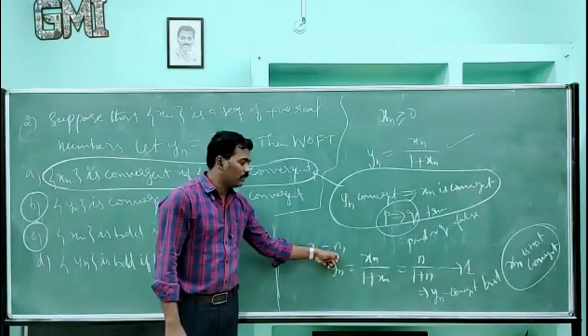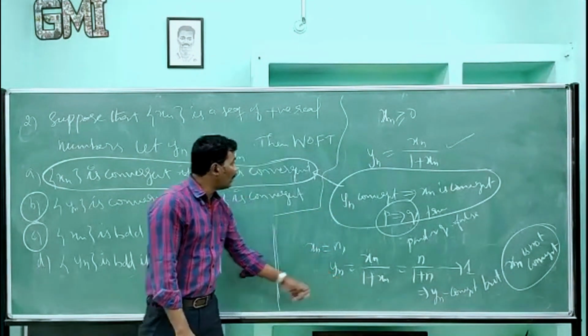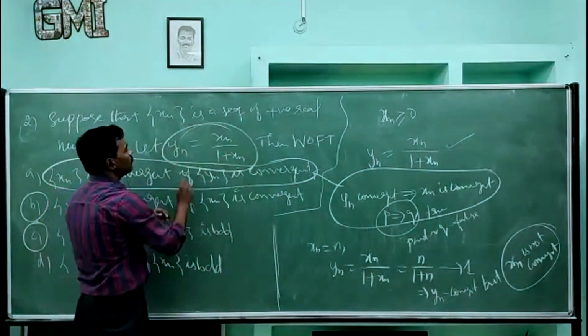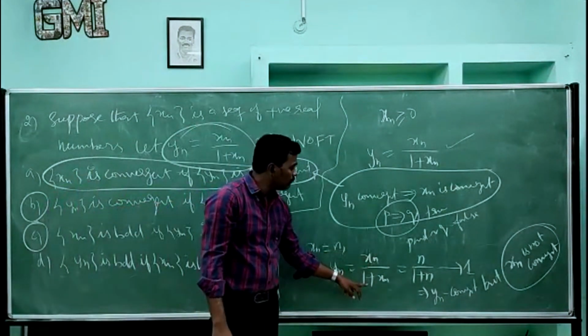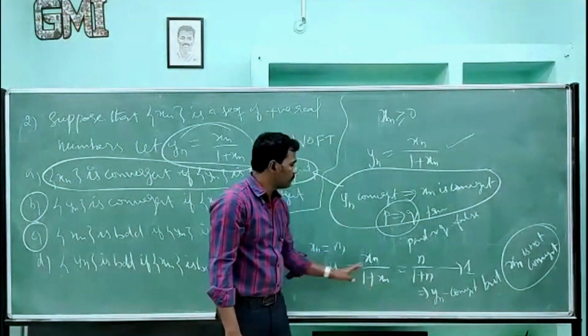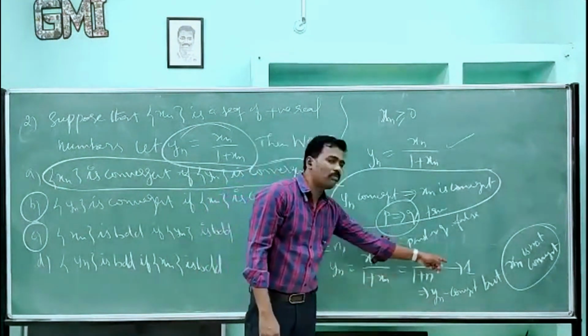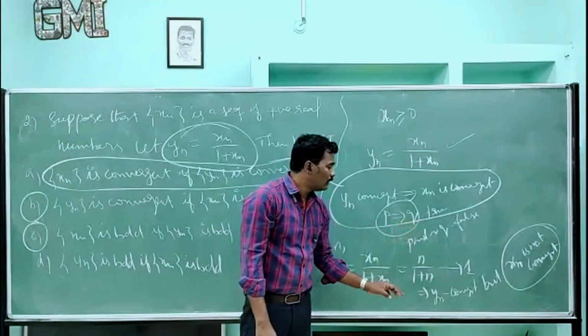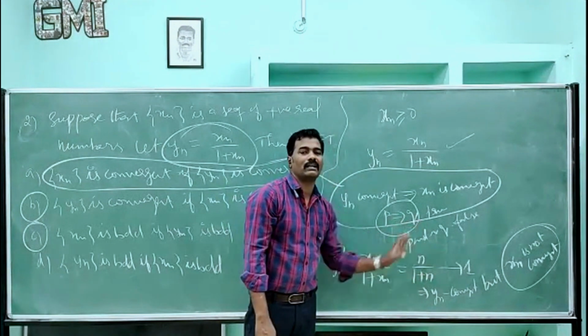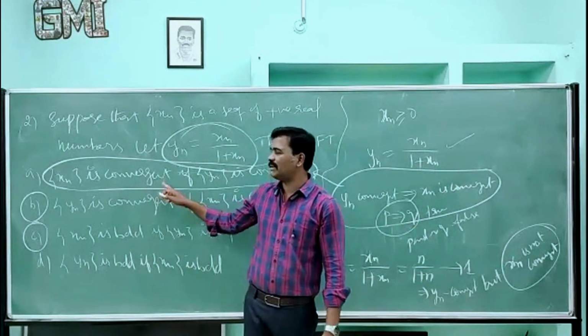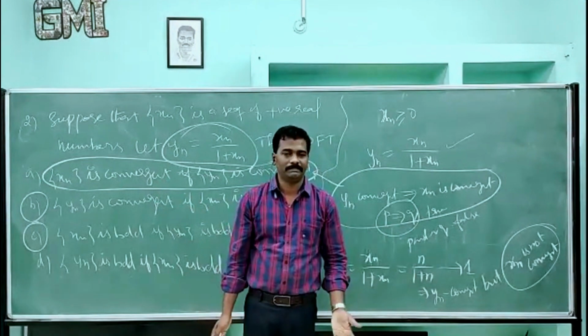This is a positive sequence that defines yn, which is already defined as xn by 1 plus xn. Just substitute, and yn goes to 1. So yn is convergent, but xn is not convergent. Therefore, this statement is not true always.